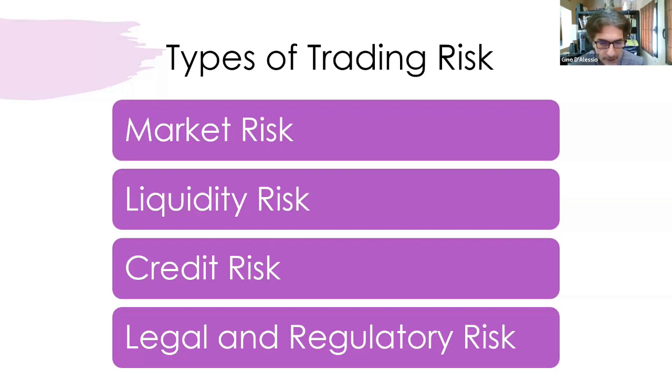One liquidity risk arises when economic data is released, especially in the United States. Very important economic data, such as non-farm payrolls, or inflation data, or gross domestic product data.